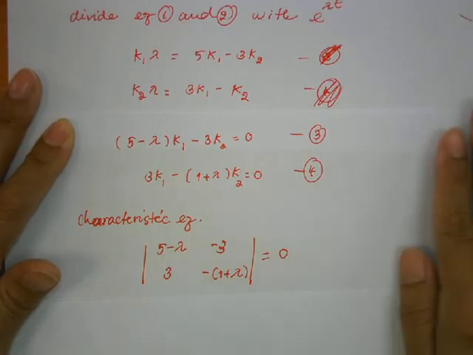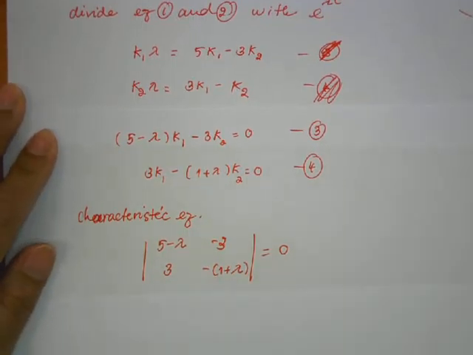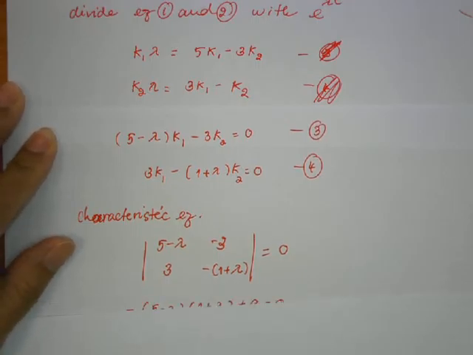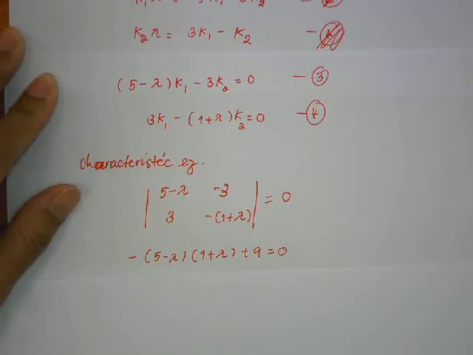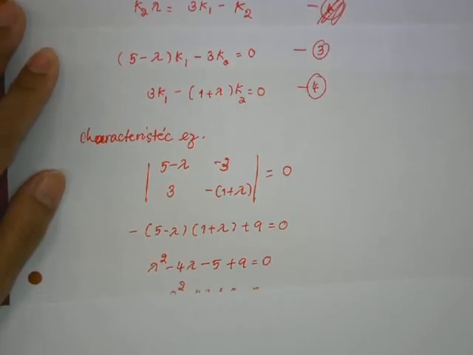It is a 2 by 2 matrix, so the way to find the determinant is the product of 5 minus lambda times minus 1 plus lambda, minus the product of 3 times minus 3. From that we will get lambda squared minus 4 lambda plus 4 equal to 0.